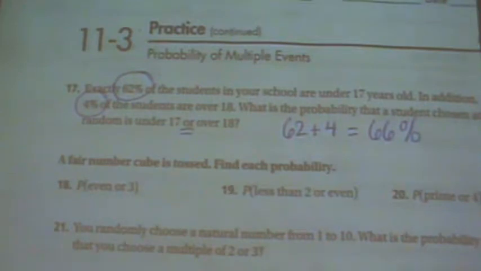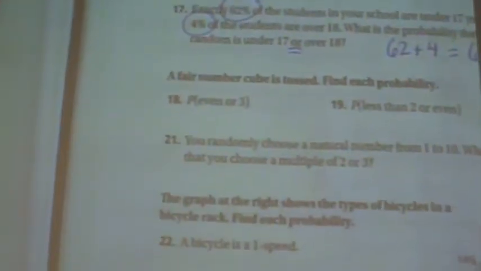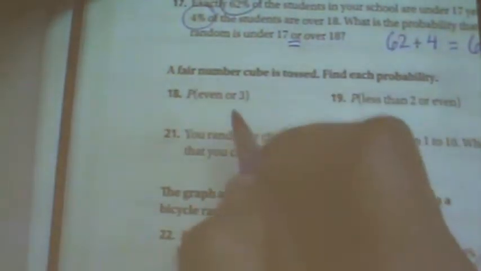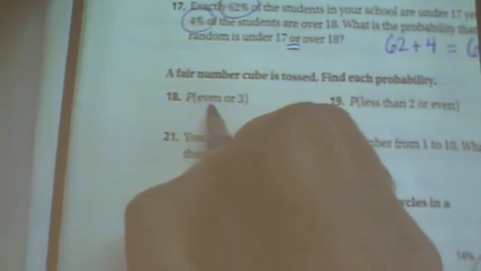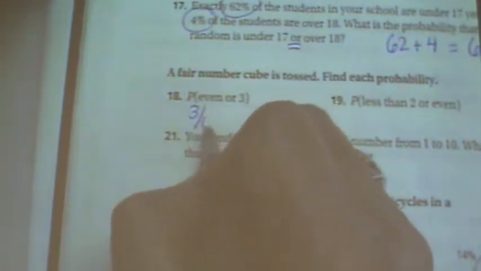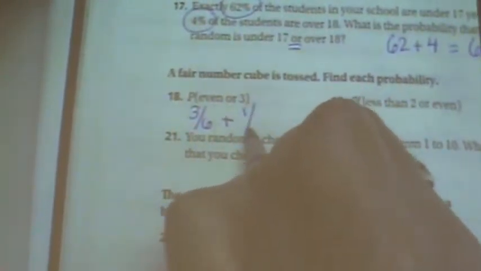Okay. All right, the next four. Can you roll a cube and get an even number and a 3? It's mutually exclusive, right? So what you're going to do is figure out the probability of getting an even number. How many even numbers are there on a cube? 3. How many 3s are there on a cube?